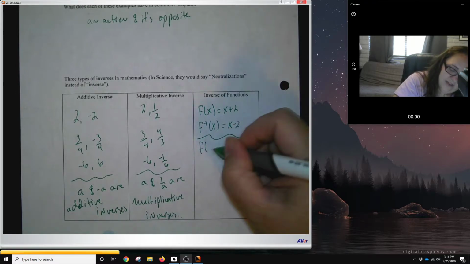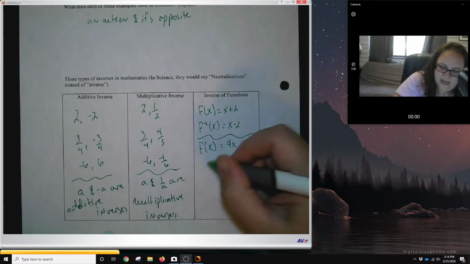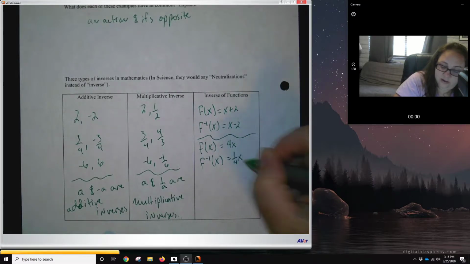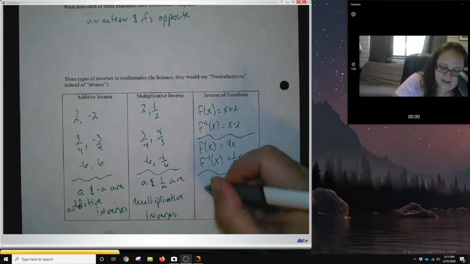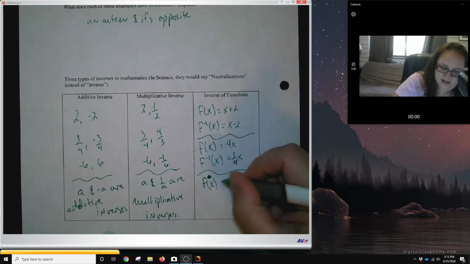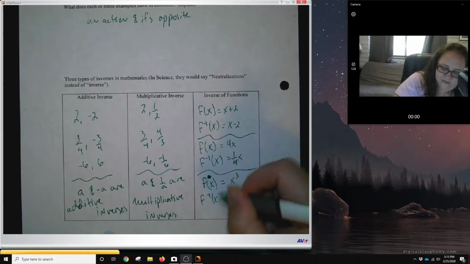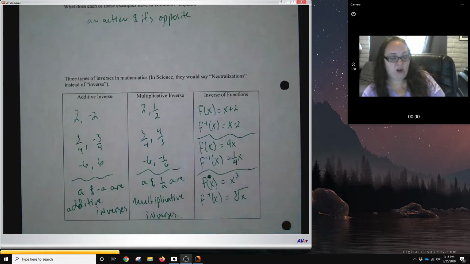If I have a function that multiplies x by 4, then its inverse would divide x by 4. If I have a function that cubes x, then its inverse would be the cube root of x. Again, when one does something, the other one undoes it.